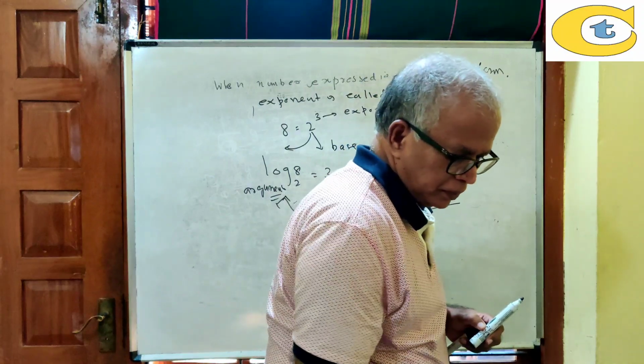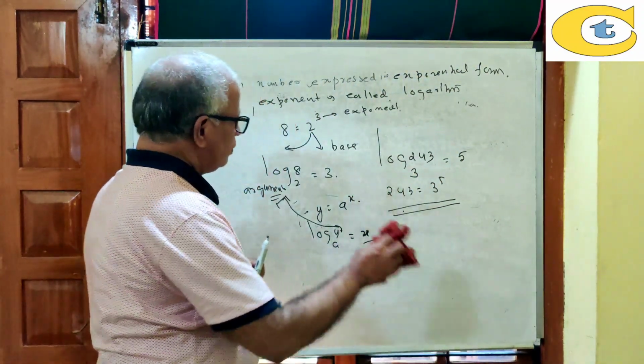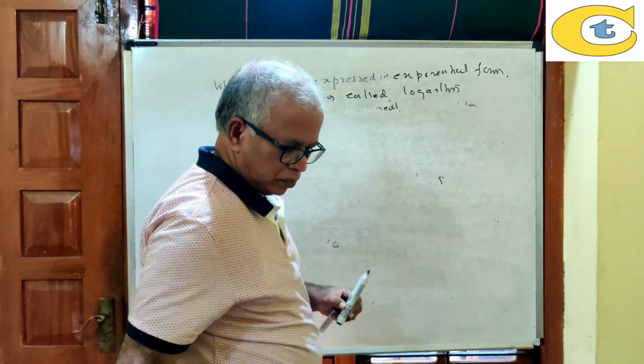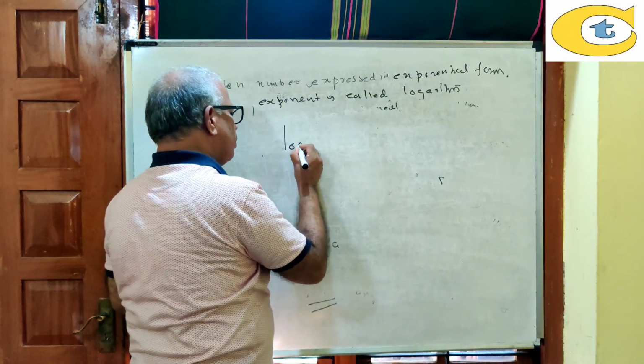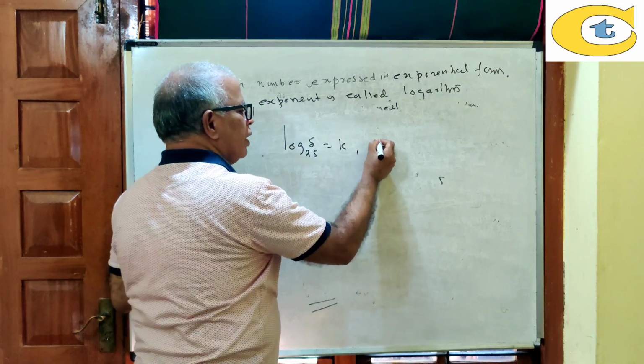Example: logarithm of 5 to the base 25 is equal to k. Find the value of k.